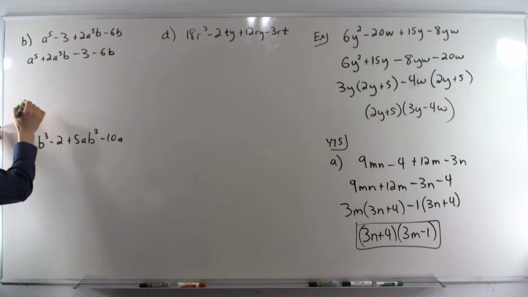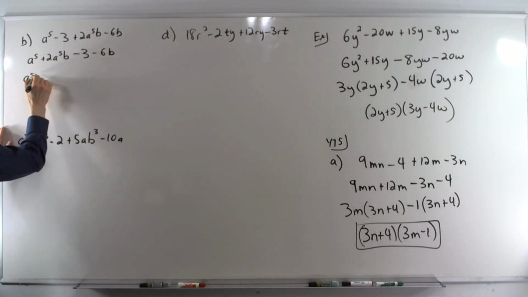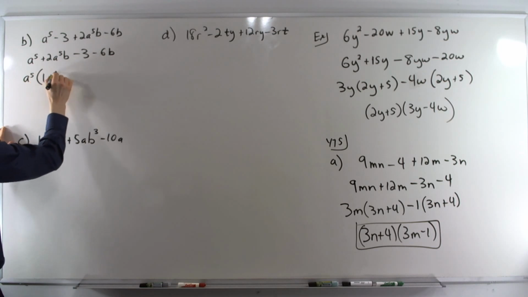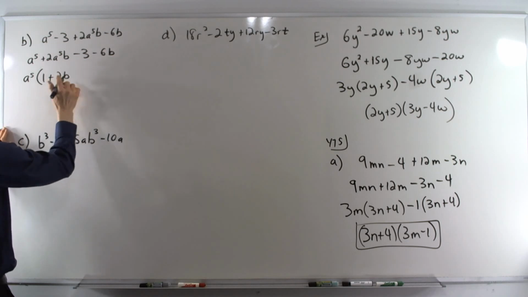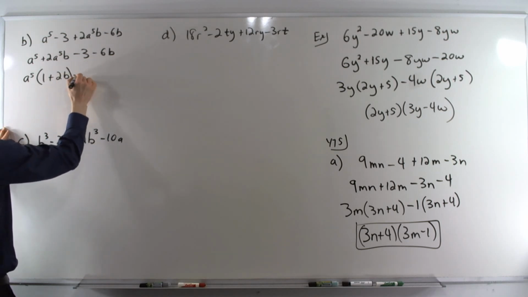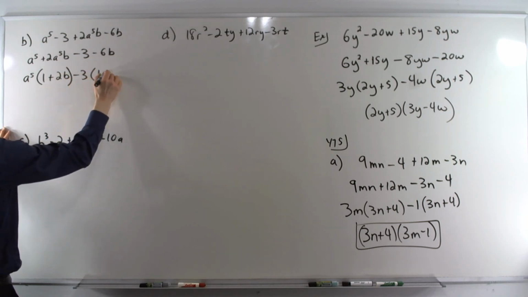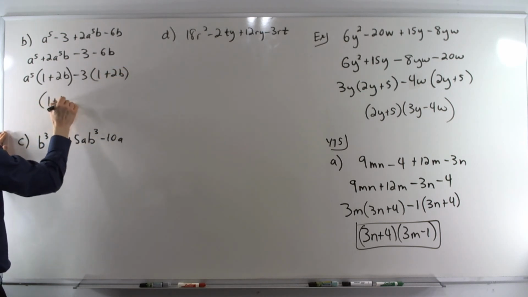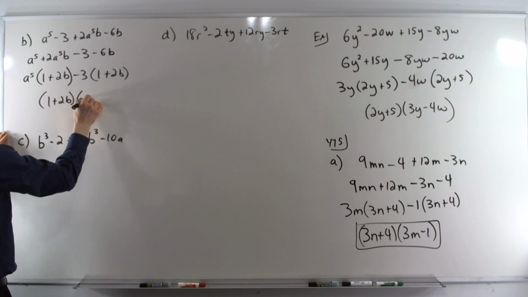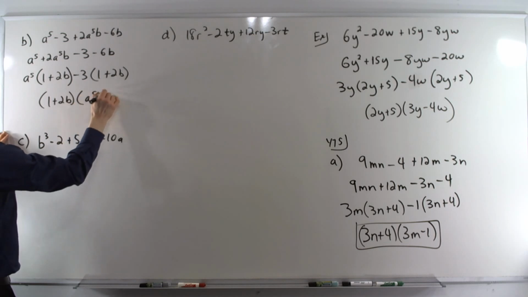And that should factor well. I factor out a to the 5th to get 1 plus 2b. And over here, I want to get a 1 plus 2b as well, so I'm going to factor out negative 3. And I'll turn this into 1 plus 2b. So I get 1 plus 2b times a to the 5th minus 3.